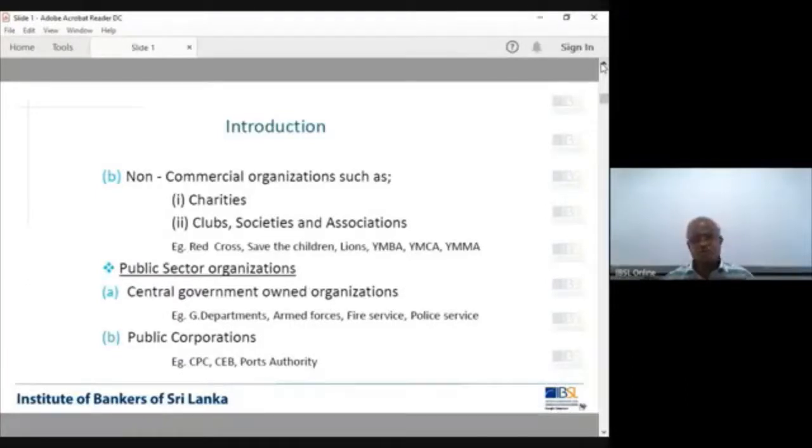Public corporations, like CPC. The government component is there, but as a corporation. In terms of benefits, profit generation and customer services, there are slight differences, right? For example, central government employees all get pensions, but the people in CEB or CPC maybe get a provident fund, not pensions, right? The Ports Authority is also called a public sector organization.